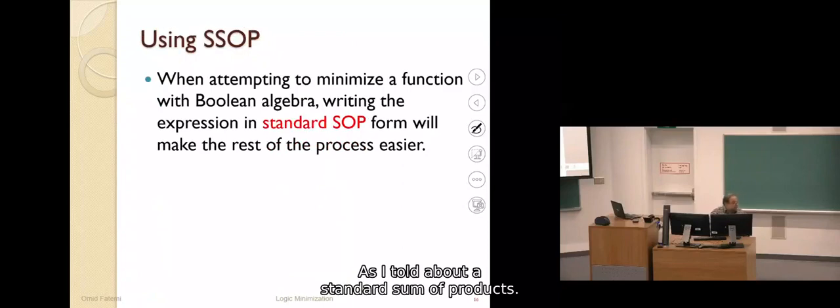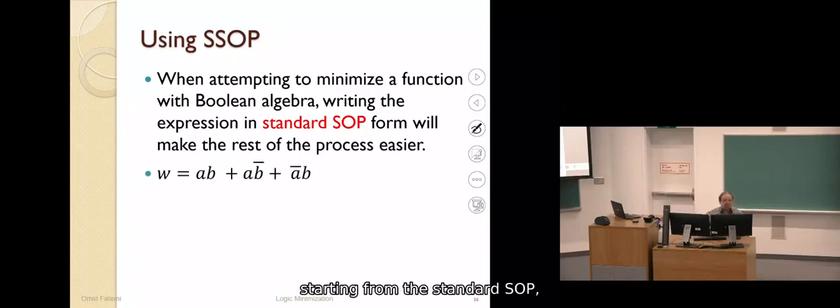As I told you about a standard sum of product, now I am saying that when you want to start simplification, you start from the truth table, and from the truth table you bring a standard sum of product, and from there we start our simplification. That's better. So we are sure that if we start from that point, we will reach the best possible solution.